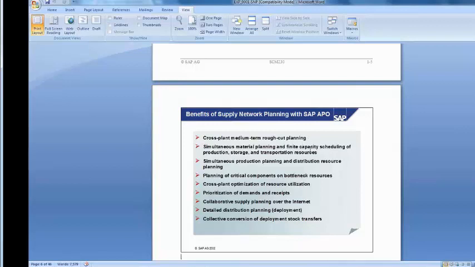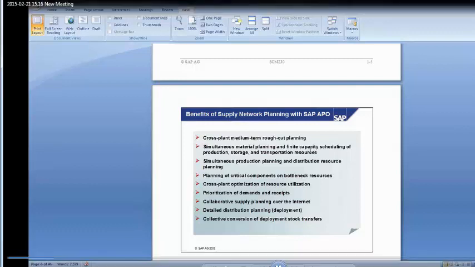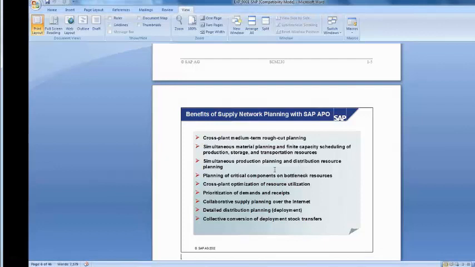Let's say we have a single resource on which my finished material is produced. It considers the capacity of the resource and accordingly tells how much finished material can be produced, whereas in traditional ECC it does not consider the capacity of the resource. And the third thing is simultaneous production and distribution planning.